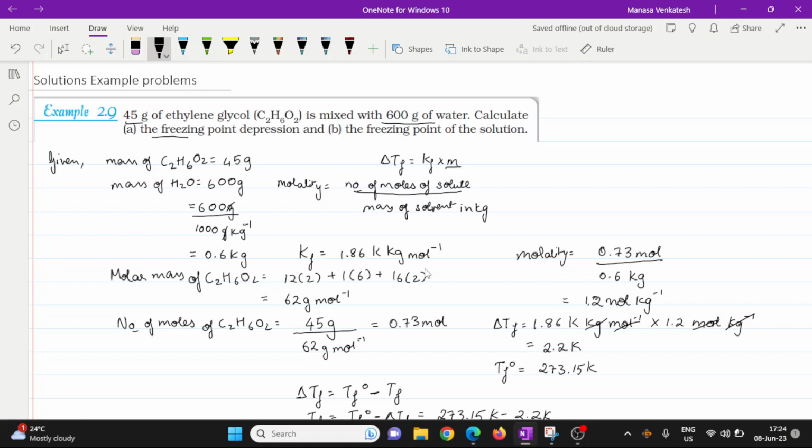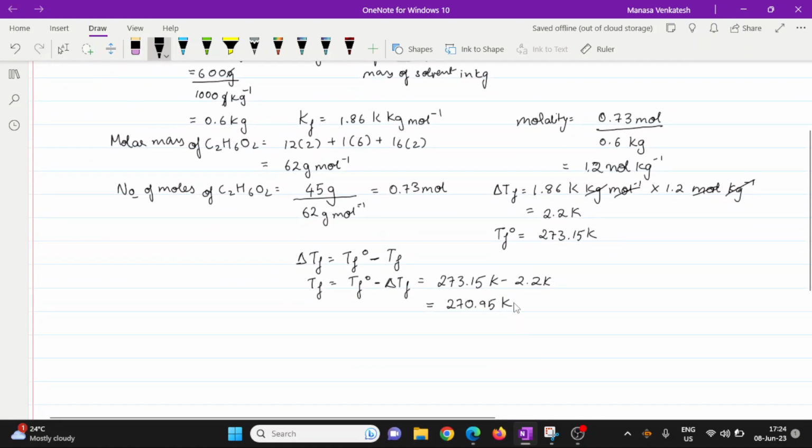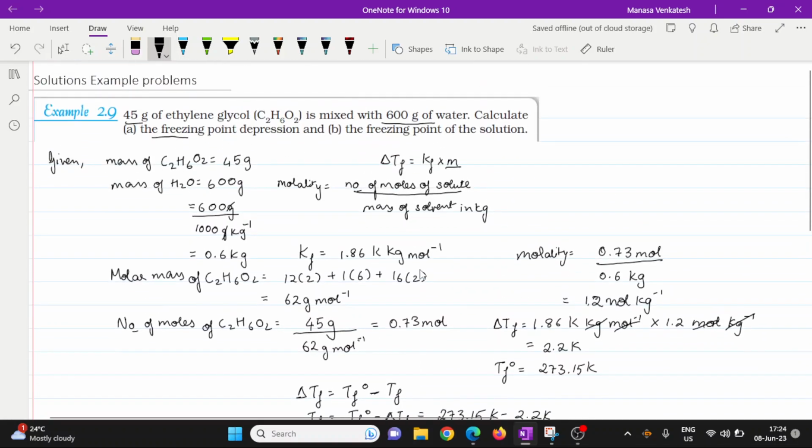Then we calculated the molar mass and the number of moles, and then we were able to calculate the molality. From the molality as well as the value of Kf, we calculated delta TF, and we know the freezing point of the pure solvent, which is 273.15 Kelvin, and from that we calculated the freezing point of the solution. With that, we're done with this particular example. In the next video, we will again be continuing with the example problems.